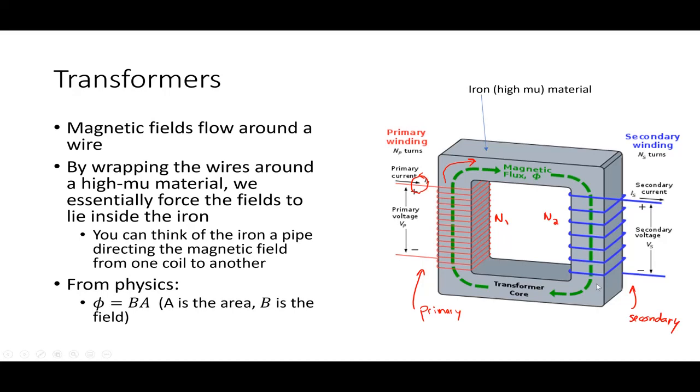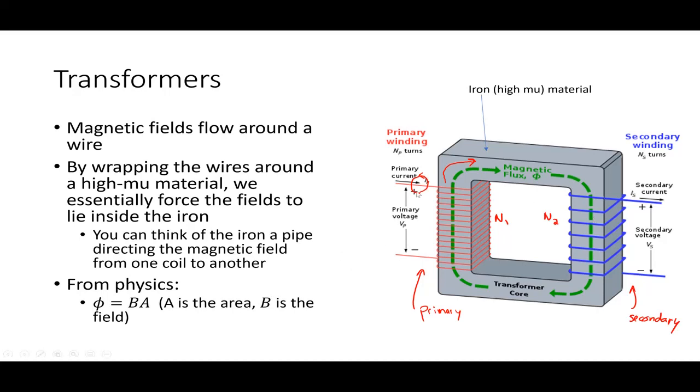So you can think of this iron as a pipe that directs the magnetic field from this coil over to the other coil. Ideally, all of the flux that's created will go up through this coil and end up inside the other one. That never happens exactly, but in most transformers it goes pretty close to that, so it works relatively well.